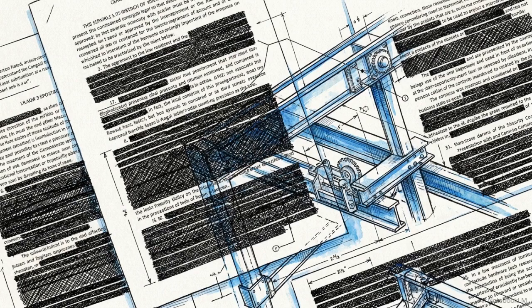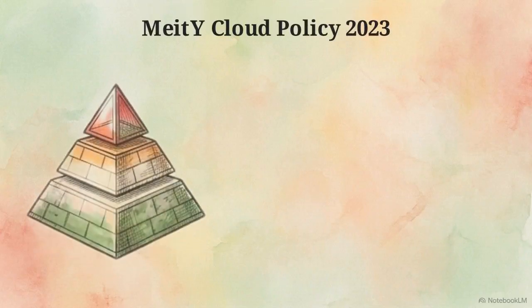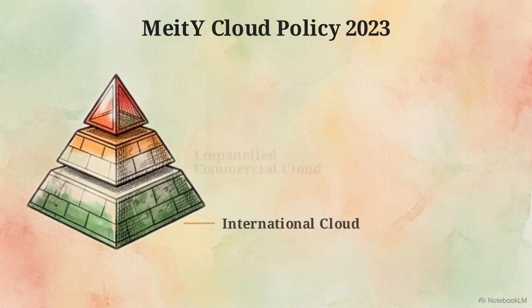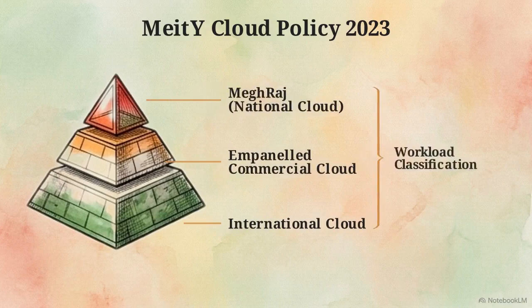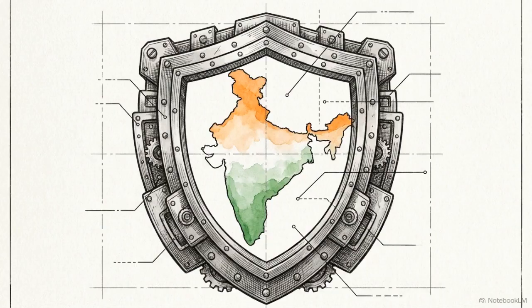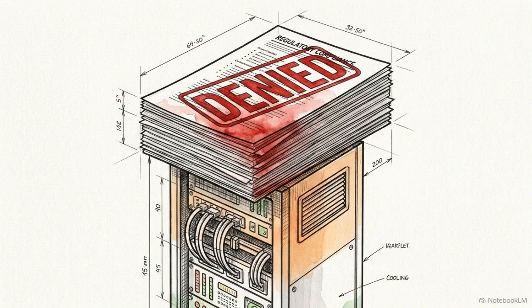Evaluating these strategies on technical merit alone is insufficient for a regulated enterprise, as sovereign data laws often override technical preference. This chart breaks down India's MeitY Cloud Policy 2023. It imposes a strict three-tier workload classification for government and critical data. The top tier, Megh Raj, is explicitly mandated for hosting and processing the most sensitive sovereign data.